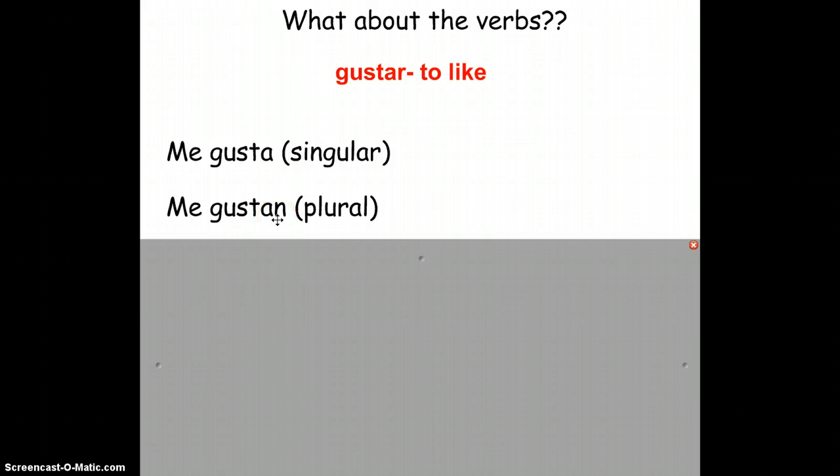Me gustan. Now, gustar isn't the only third person verb, or we would just introduce this topic and it would be done. There's a lot of third person verbs.